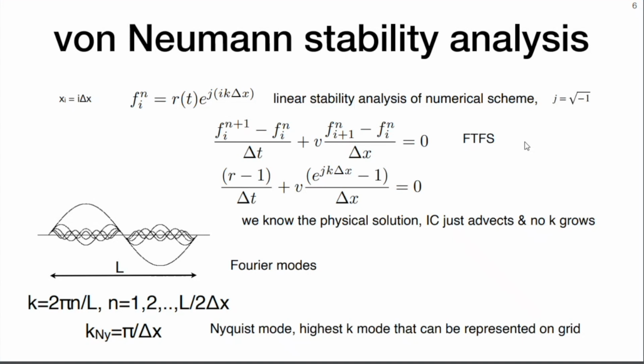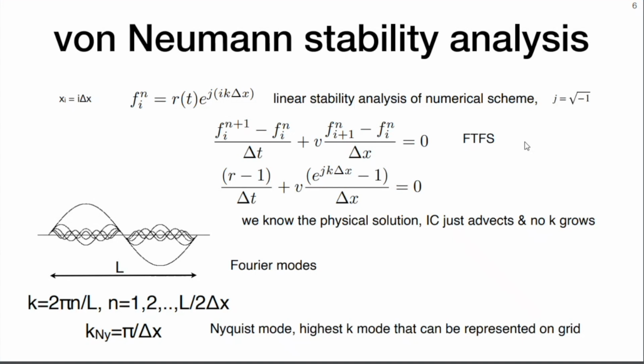Okay, so if you substitute this form in this difference equation, what you'll get is the evolution of a particular Fourier mode with wave number k. If you substitute here, you'll get R to the n plus 1 e to the i k x, so this is at f n plus 1.